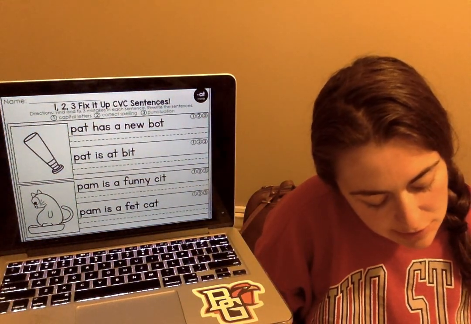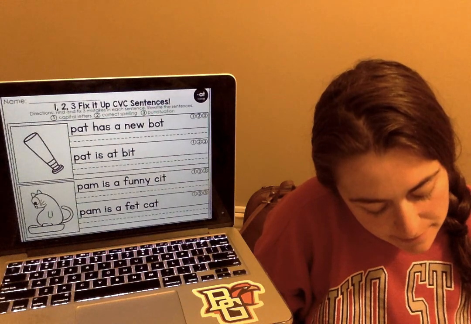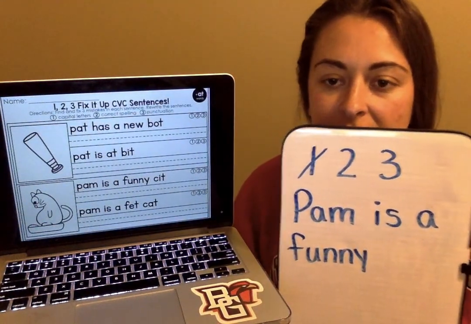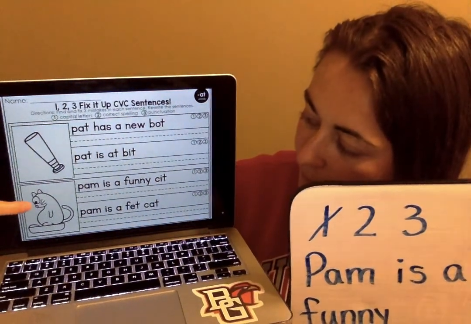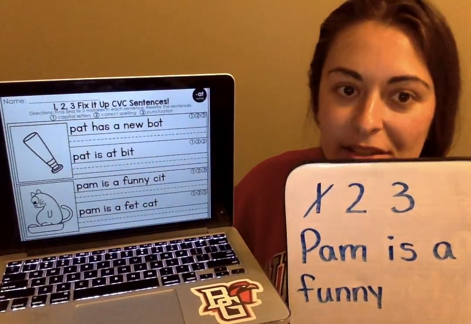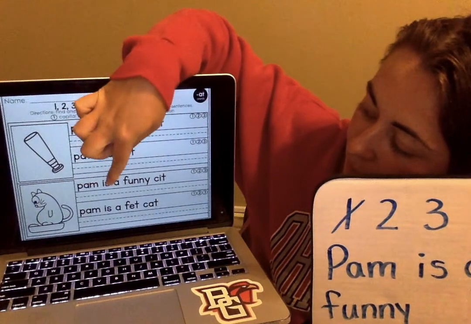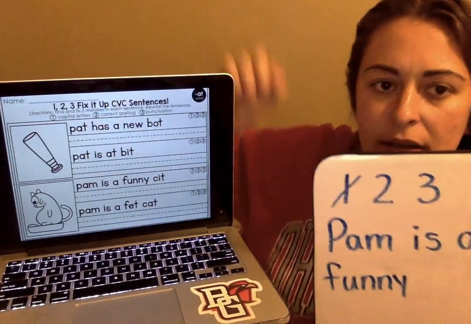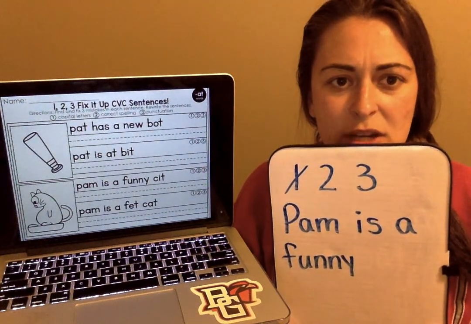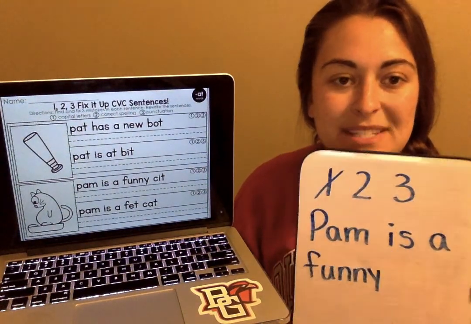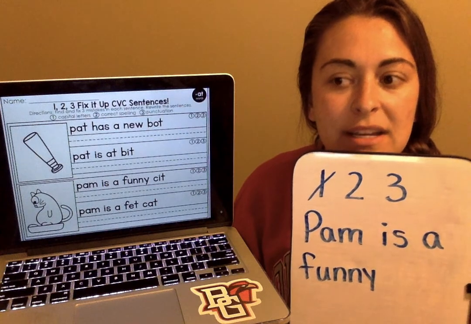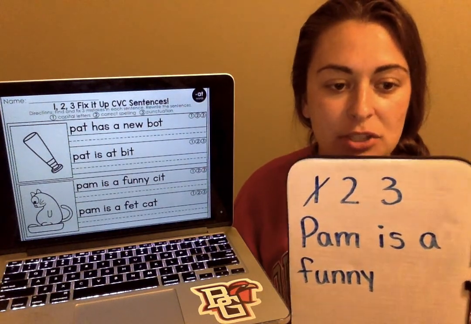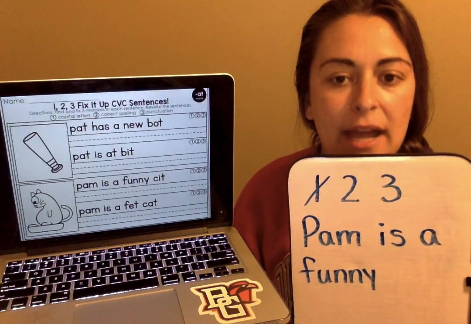And funny is spelled correctly. It's F-U-N-N-Y. Pam is a funny. And what is Pam? Yeah, Pam's a cat. So let's see. Pam is a funny it. That says kit. So we need to fix that so it spells cat. So we have it, and we need at. Do we want to change that beginning, middle, or end sound?